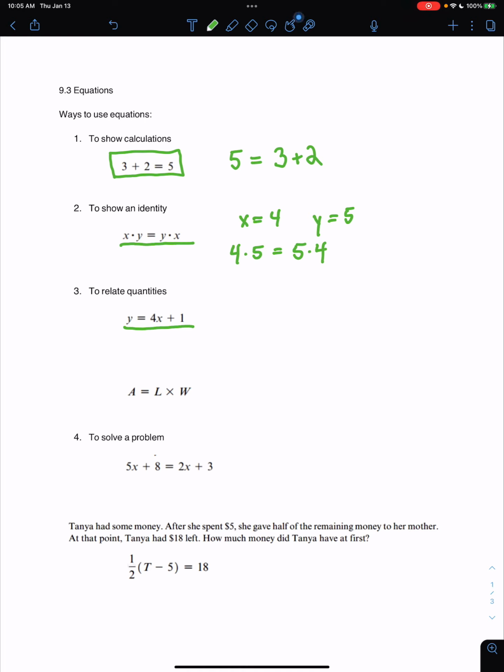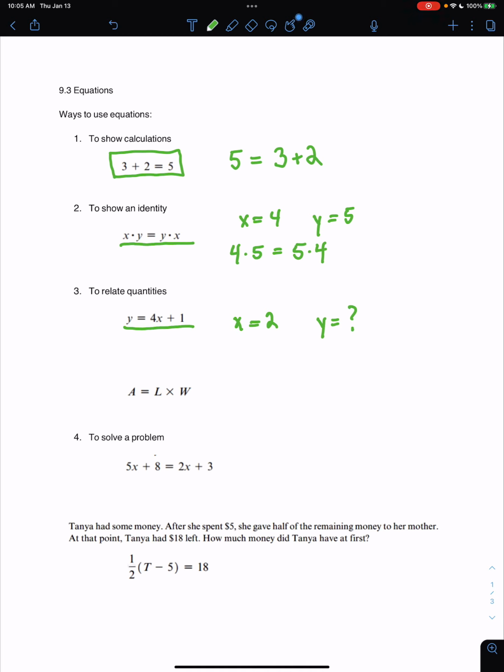And as long as the equation is true, then I can relate those quantities to each other. So I can see how y changes as x changes in this case, okay? So for example, if I put a 2 in for x, I can see what I get out for y in this case.